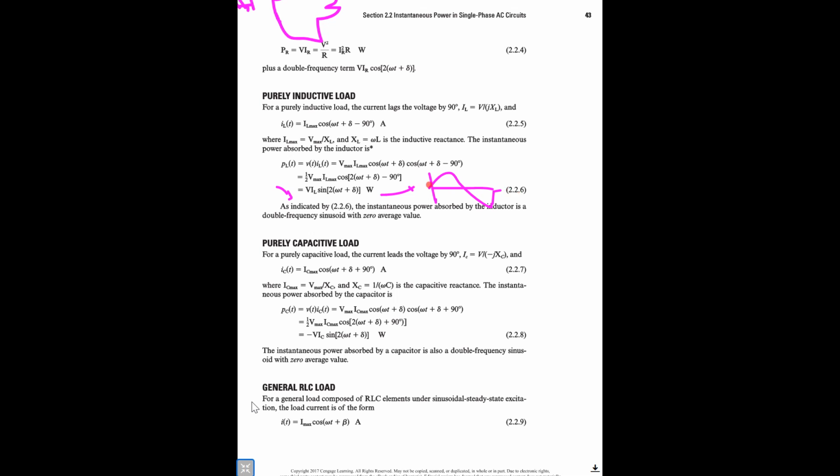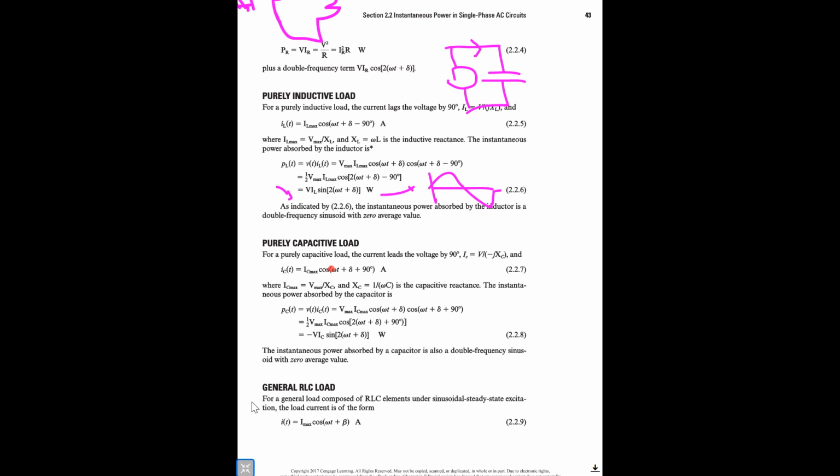Okay, I continue with the purely capacitive load. We consider the ideal voltage source connected to a pure capacitor. In a pure capacitor, iC(t) equals IC max cosine omega t plus delta plus 90 amperes.